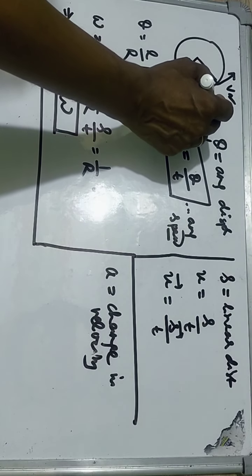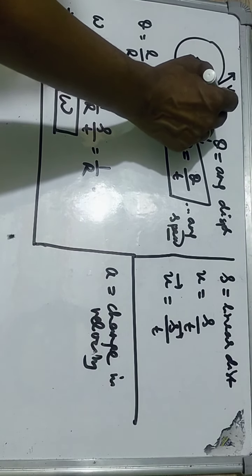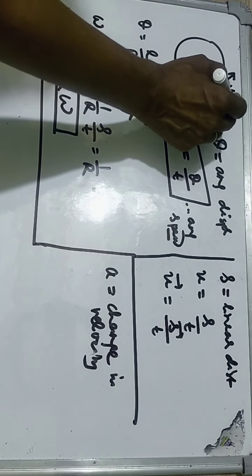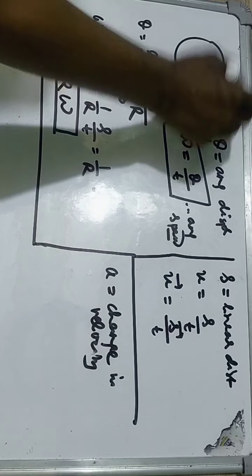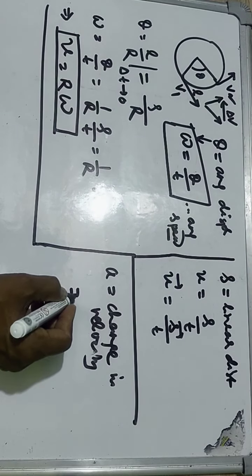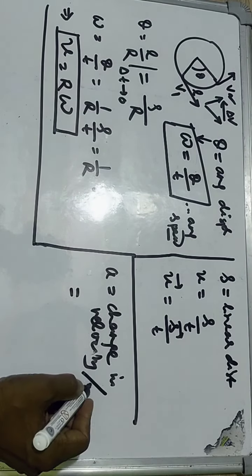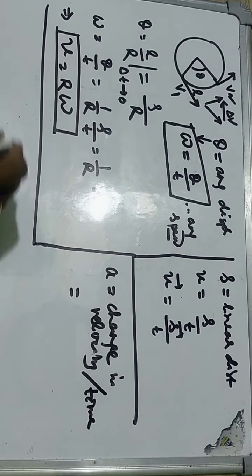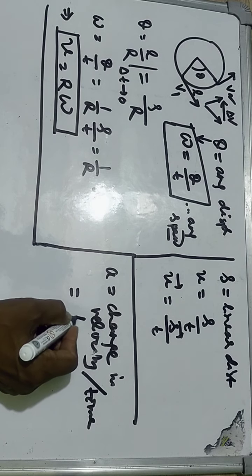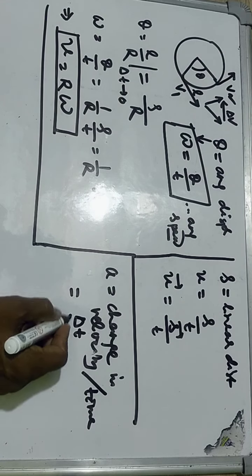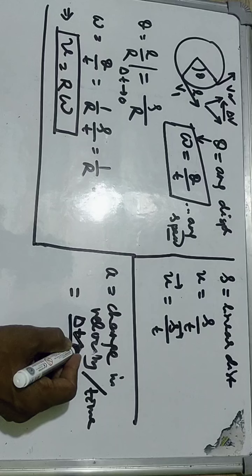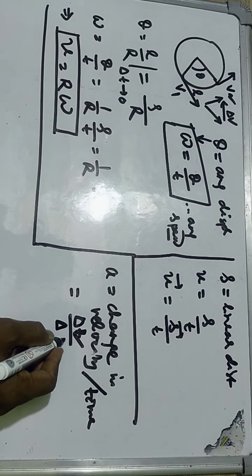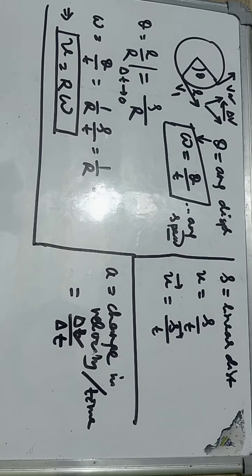Then v2 minus v1 is delta v. Change in velocity per time, or rate of change of velocity, is delta v by delta t.